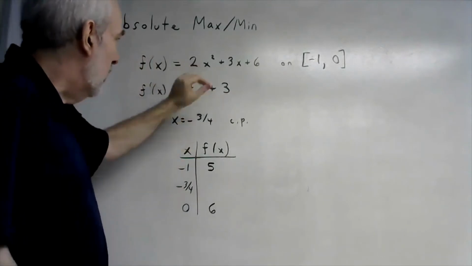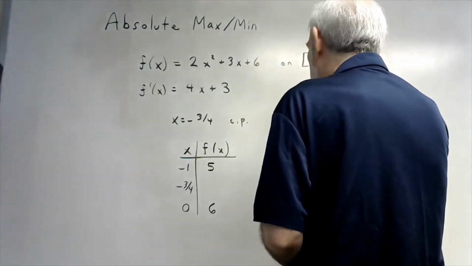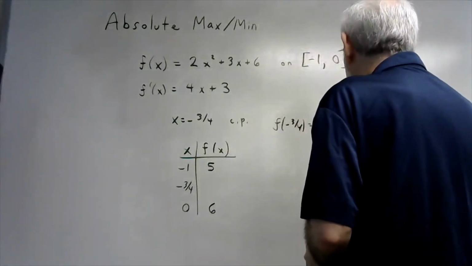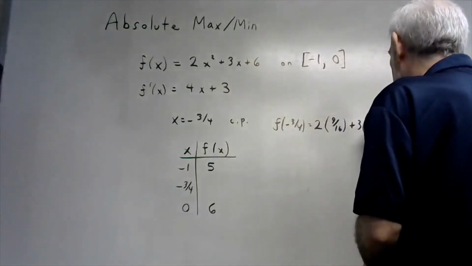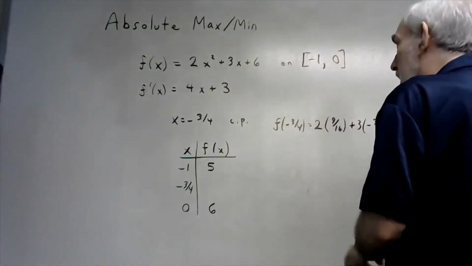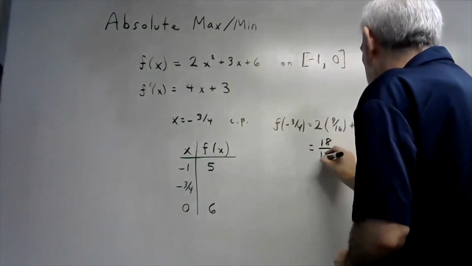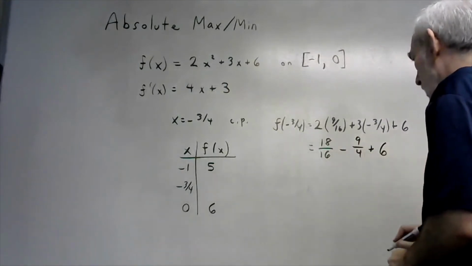Okay, -3/4. F of -3/4 is 2 times, and then -3/4 squared is 9/16. Plus 3 times -3/4, and then plus 6. So we get 18/16 minus 9/4 plus 6.